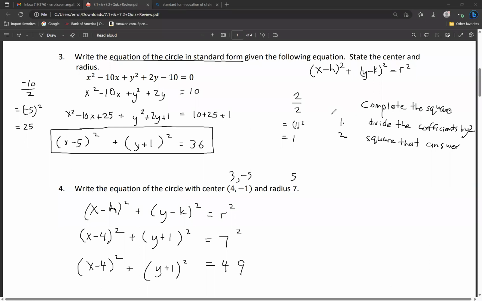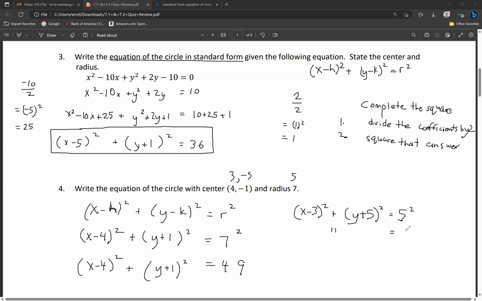Or just say it out. X minus 3 squared, plus y plus 5 squared, equals 5 squared.